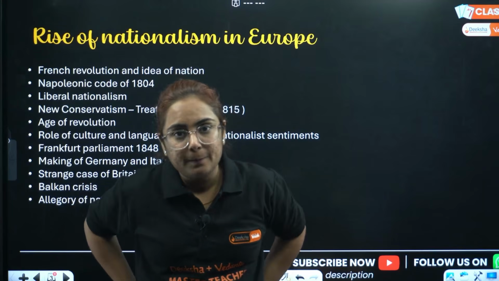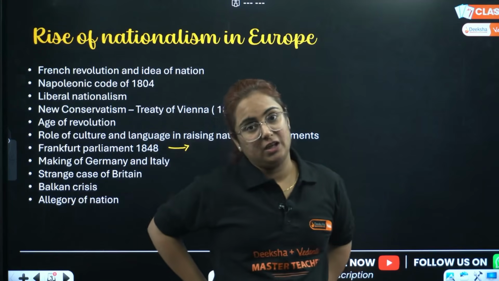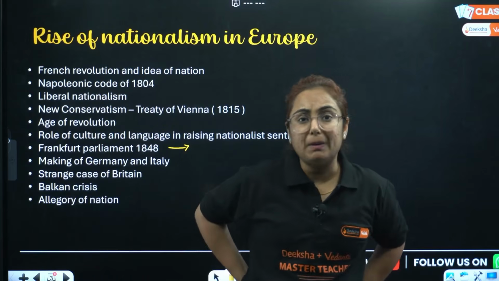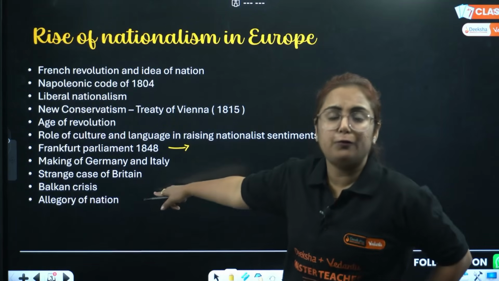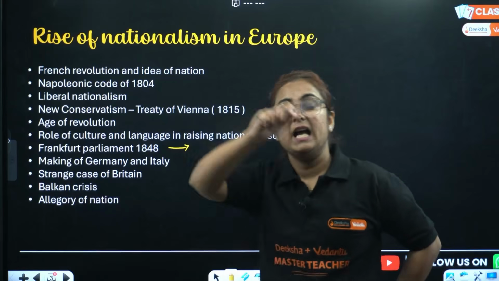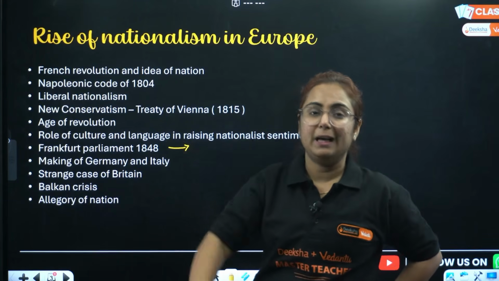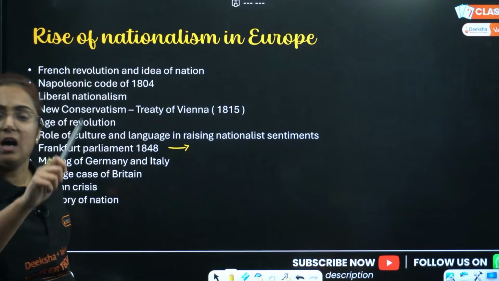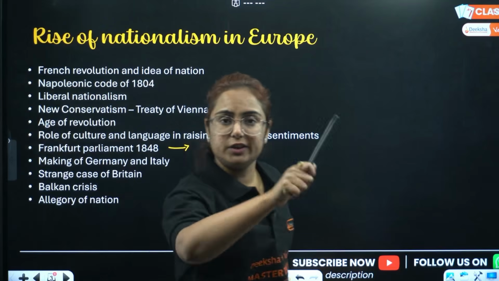Now what happened? They started a procession that reached St. Paul's. There were 831 members on 18th May 1848, all those people came together. They will draft a constitution and make the German nation with a constitutional monarchy.